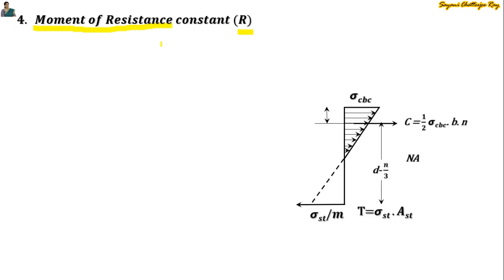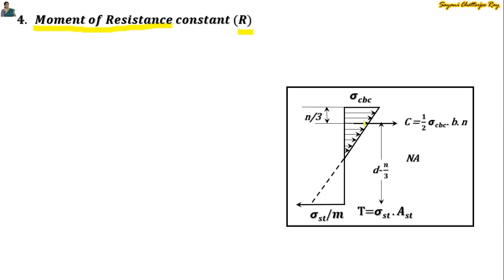Now we will refer to the stress diagram again. The total compression is designated by C and it is equals to half sigma cbc into b into n. Now this compression is acting at a distance of n by 3 from the top.